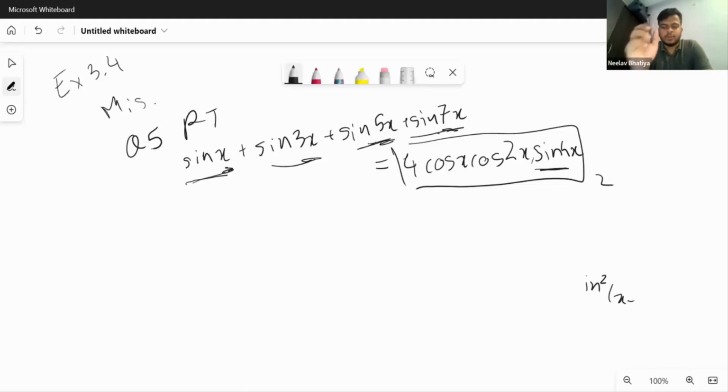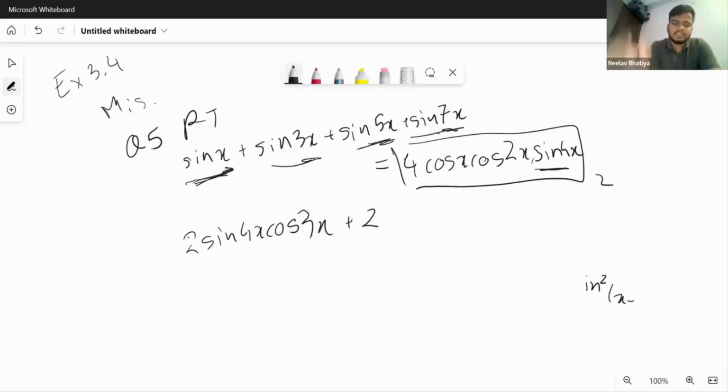Applying the formula here, I'll get 2 times sin 4x, because 8x by 2 is 4x, and cos, 7x minus x equals 6x divided by 2 equals 3x, plus 2 times sin 4x cos x. These two terms are again common.